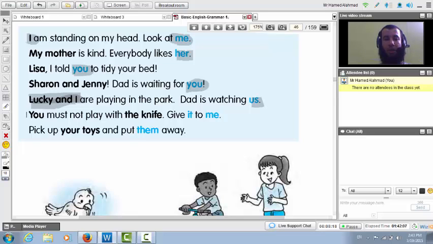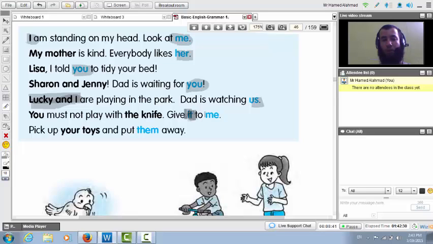You must not play with the knife, give it to me. Now give it, the pronoun it refers to which word, to you or to the knife? Actually it refers to the knife. And here give it to me, could I say give it to I?